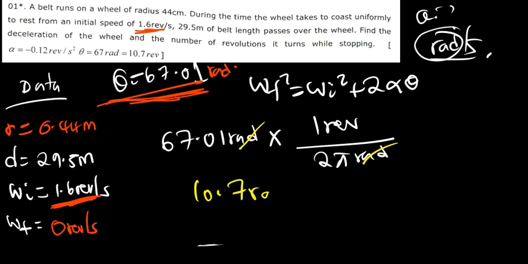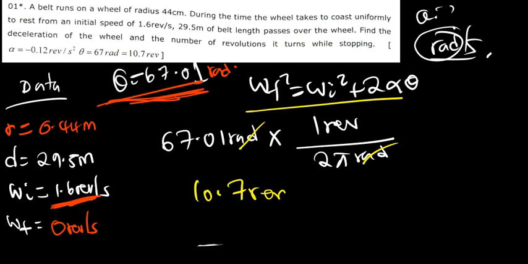Now that is in revolution. You have seen, right? So that revolution is the one I'm going to put in this formula, because I've got revolution per second, because I need the answer to be in revolution per second squared. Is it making sense?